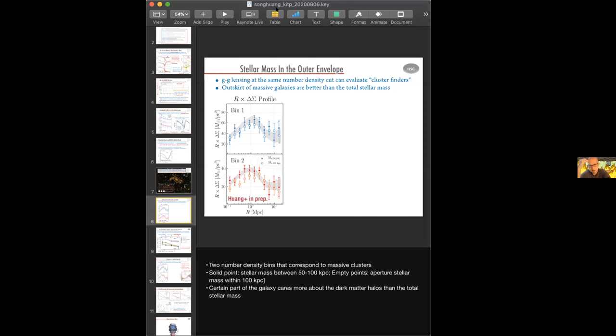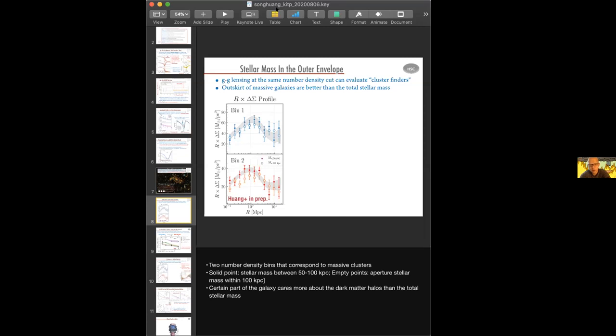And unfortunately, unlike the Milky Way, we do not have access to the kinematic information. So we know very little about their phase space distribution. I would say there is one exception, maybe.